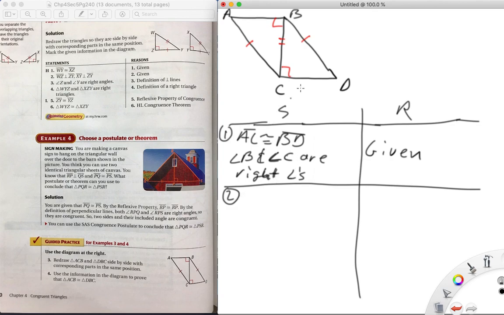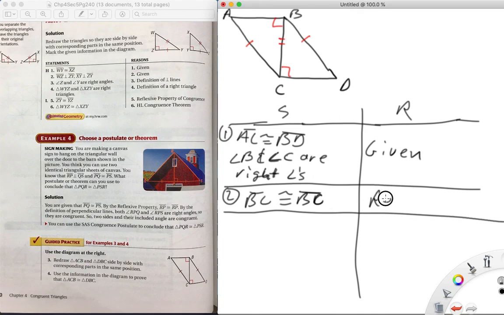Alright, so I have the hypotenuse and the leg. I can say that BC is congruent to itself, because of the reflexive property.